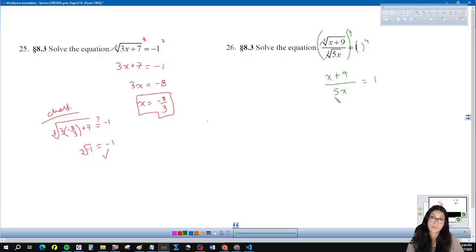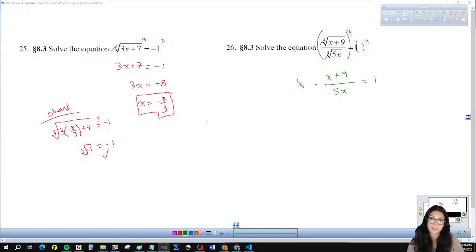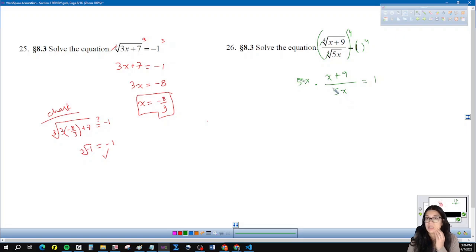Now, in order to get rid of this fraction, I do need to go ahead and multiply by 5x on both sides. 5x times 1 would just be 5x. So I have x plus 9 equal to 5x. And then subtract by x, we have 9 equals 4x. And then divide by 4, we have x equals 9 over 4.